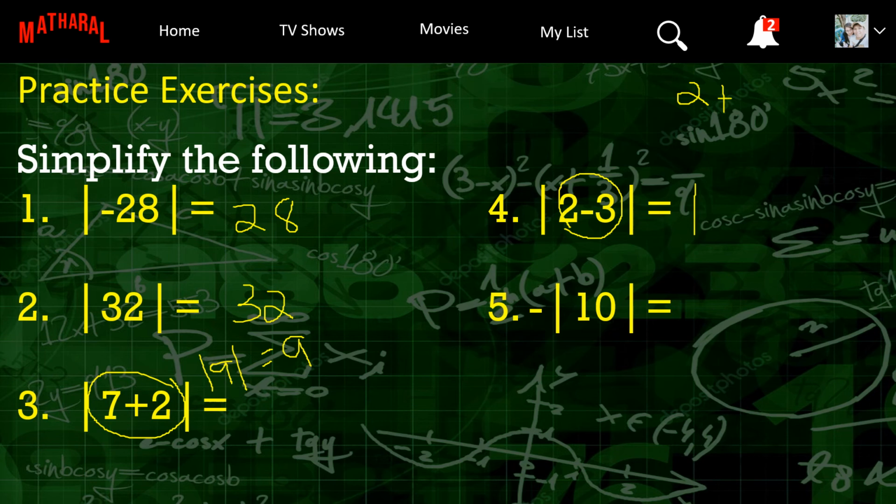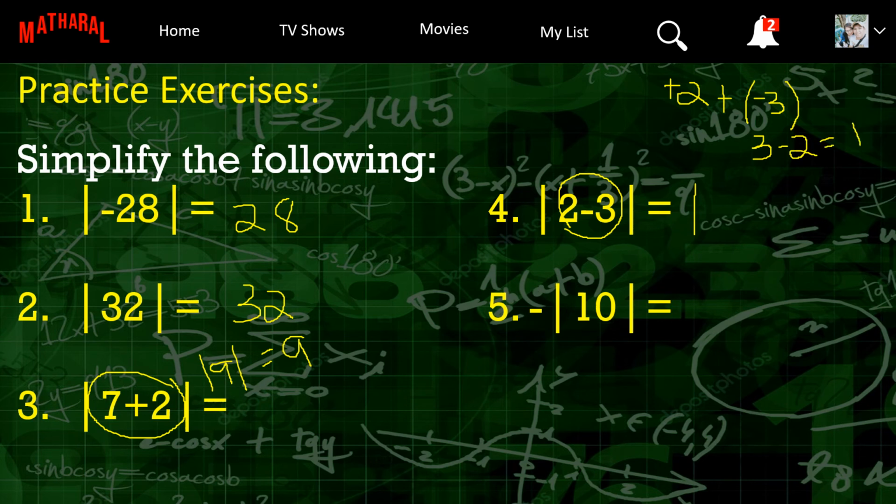Tapos si positive 3 magiging negative 3. Di po ba? Ayan na po nangyari. So, magkaiba na po sila ng sign. Ito, isang positive at isang negative. So, 2 plus negative 3 is the same as 3 minus 2. Okay? 3 minus 2. It is 1.